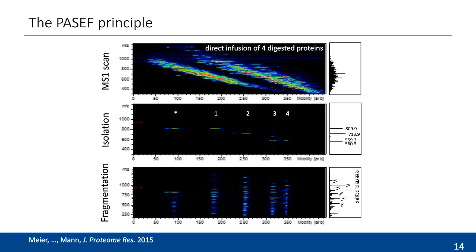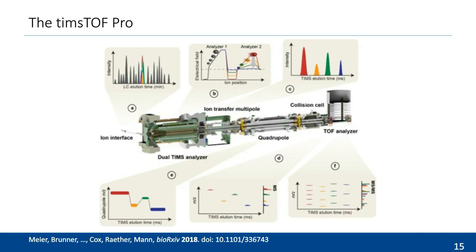But now, instead of having just one MS-MS spectrum, you have 4 MS-MS spectra acquired in the very same time. So we've described this principle back in 2015, and it took us now more than 2 years to implement this in a fully fledged proteomics platform, which is the Bruker timsTOF Pro.